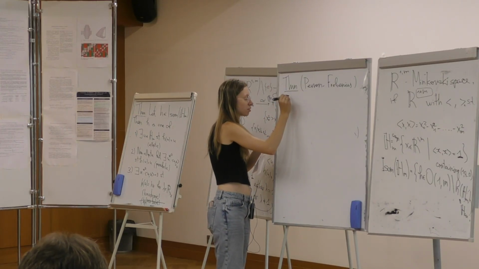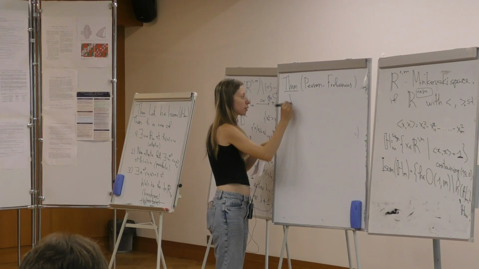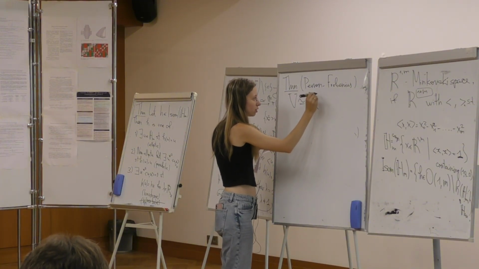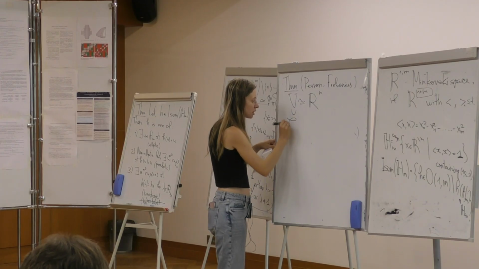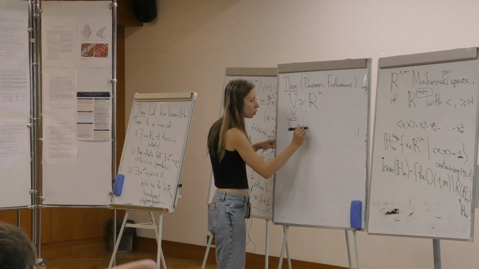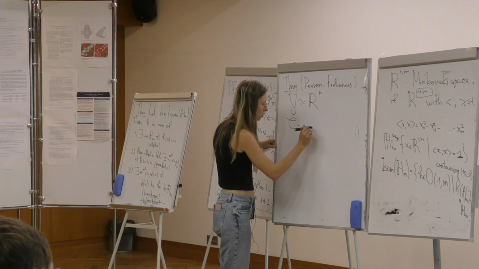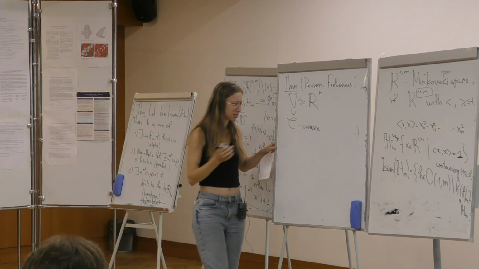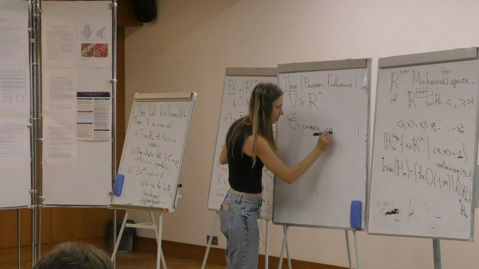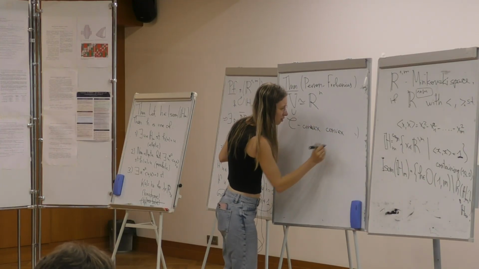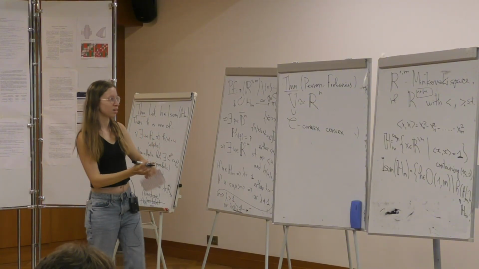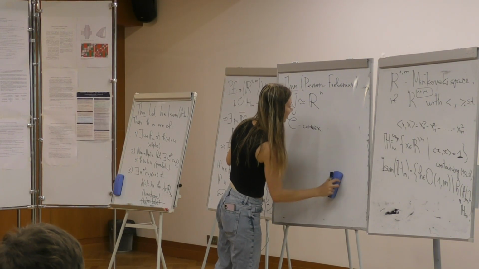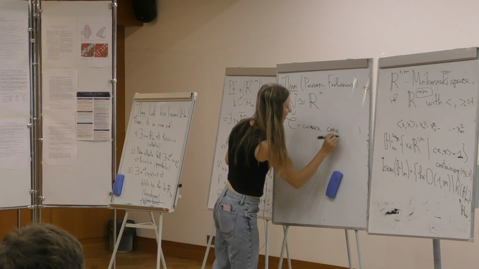Theorem, Perron-Frobenius. Assume that we have a vector space V isomorphic to R^n. Here we have C, which is a convex cone, so it does not contain a line.